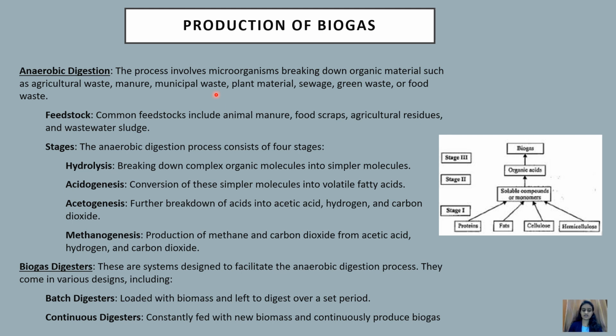The batch digester is loaded with biomass and left to digest over a set period of time. Next, the continuous digester is constantly fed with new biomass and continuously produces biogas. This is the difference between the batch digester and the continuous digester.